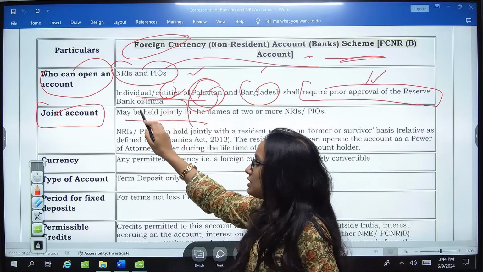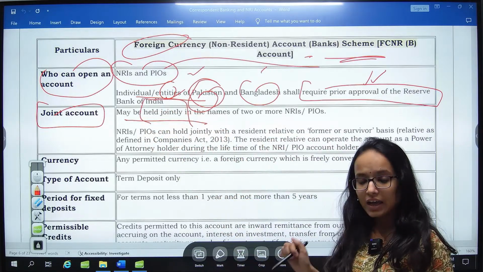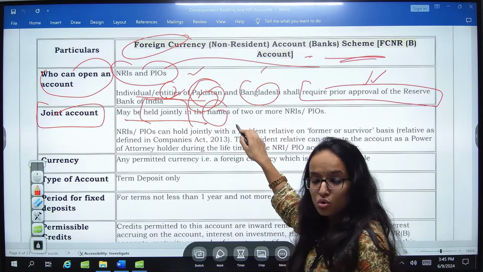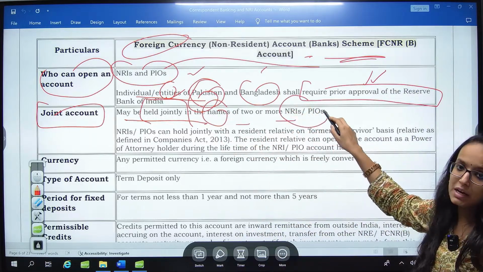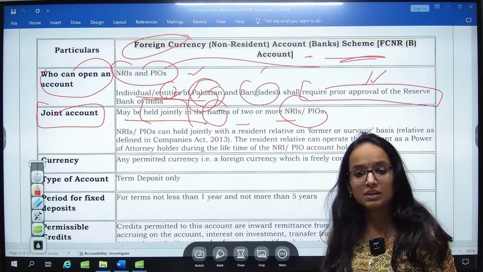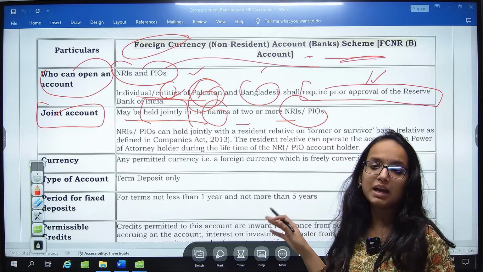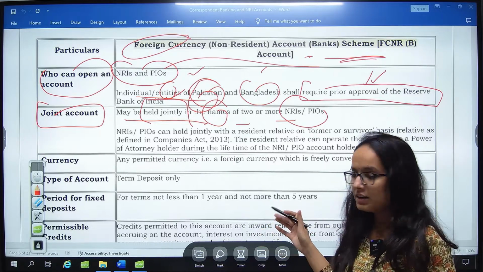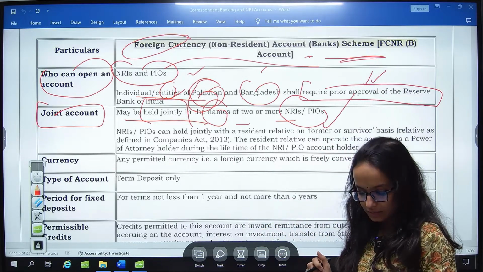This FCNRB account can be held jointly by whom? In the names of two or more NRIs and PIOs. Since NRIs and PIOs only are allowed to open this account, this account can be held jointly by NRIs and PIOs. Clear?